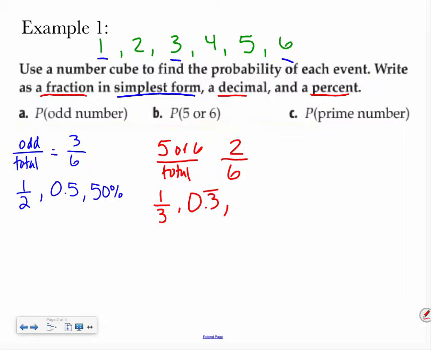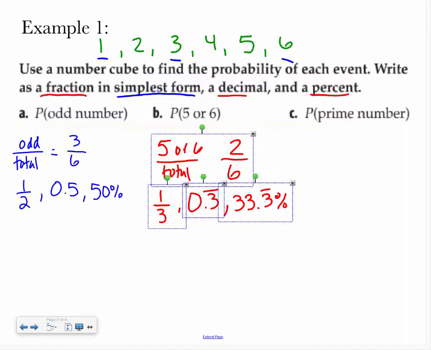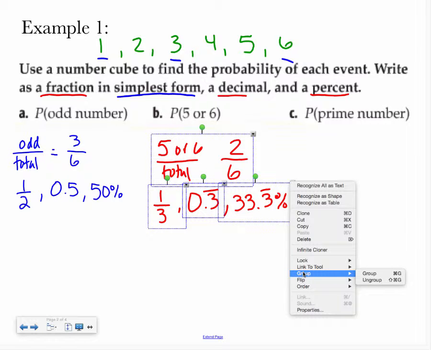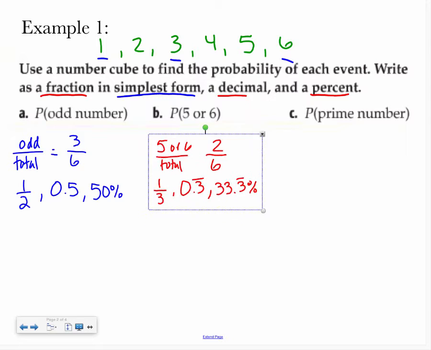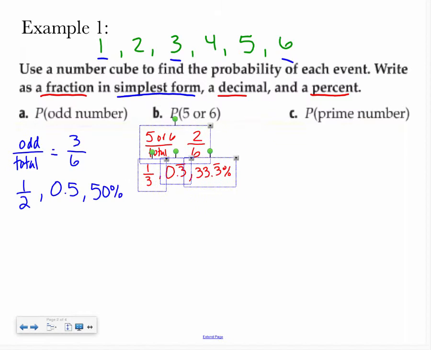Or you could say 33.3 repeating percent. Alright, so we're practicing some more skills with decimals, writing them as fractions, writing them as percents, okay?